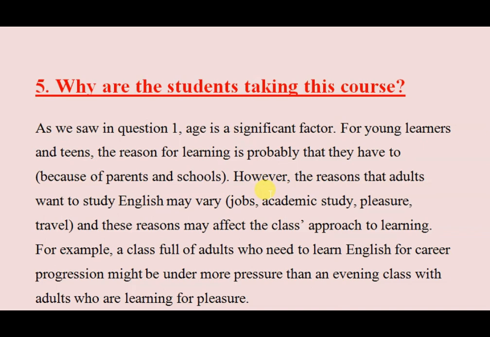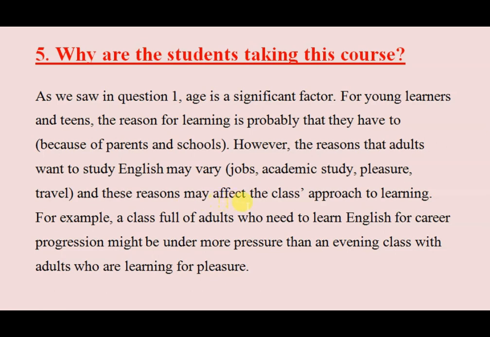However, the reasons that adults want to study English may vary: jobs, academic study, pleasure, travel, and these reasons may affect the class approach to learning. For example, a class full of adults who need to learn English for career progression might be under more pressure than an evening class with adults who are learning for pleasure.